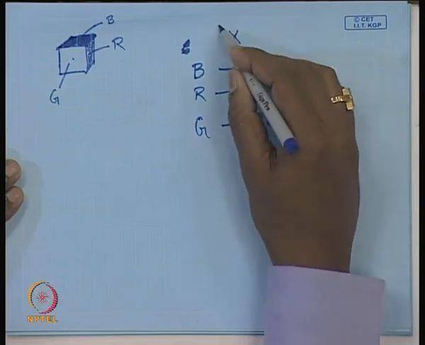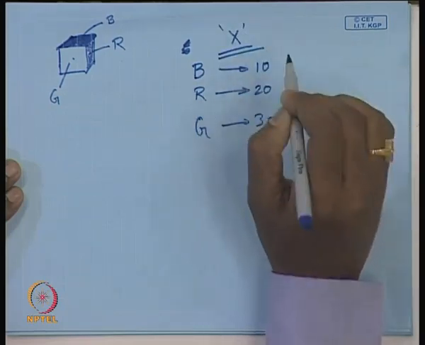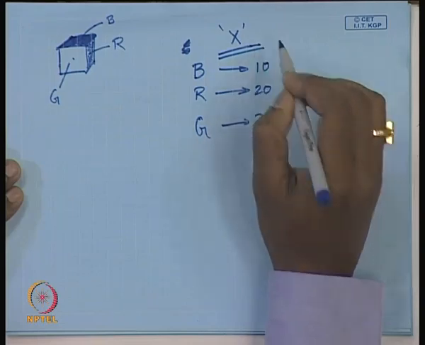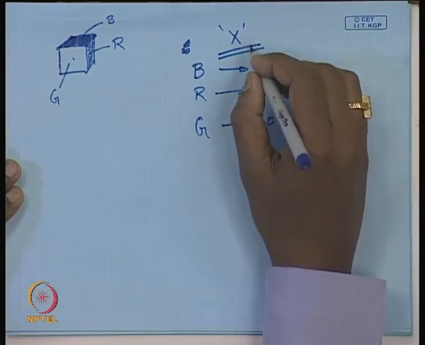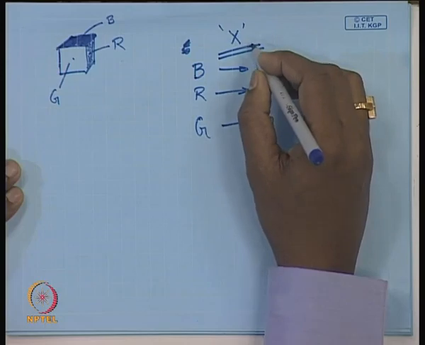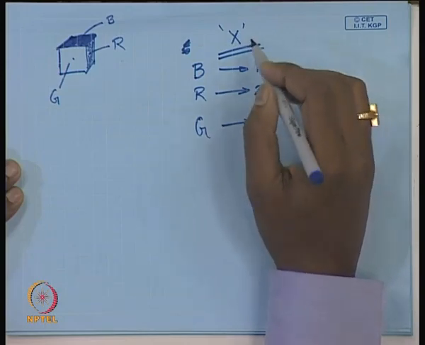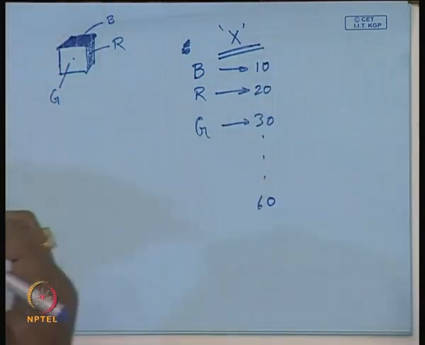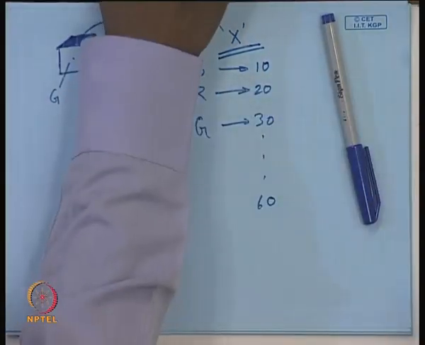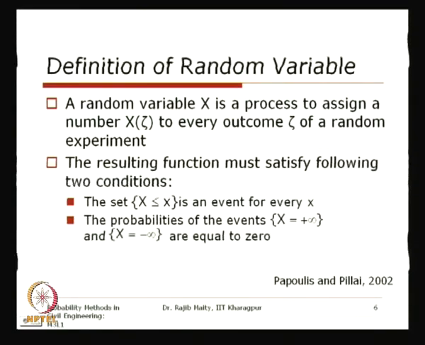Now, this random variable itself is nothing but a process to assign a number to each outcome of that random experiment. This is exactly what we call the formal definition of a random variable: a random variable X is a process to assign a number x(ξ) to every outcome ξ of a random experiment.